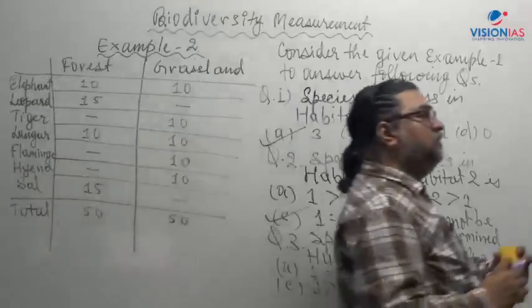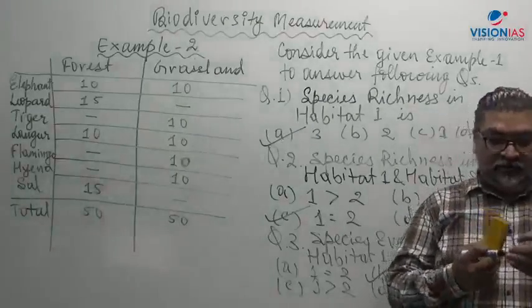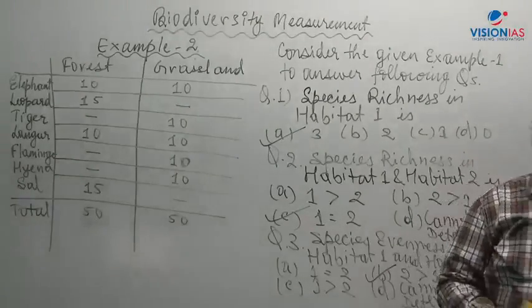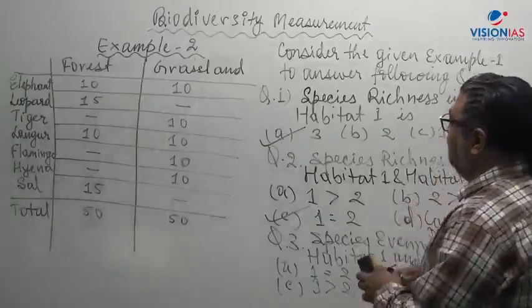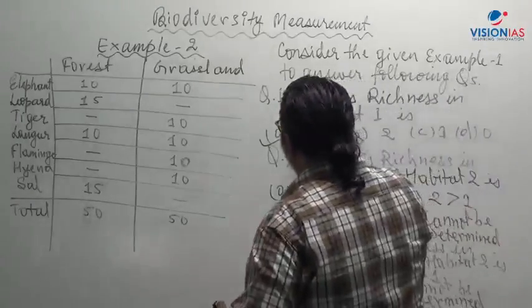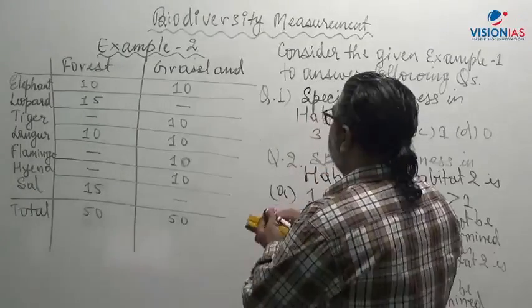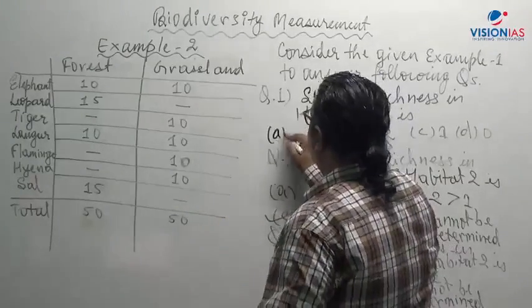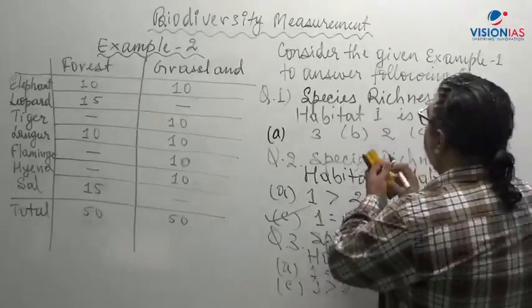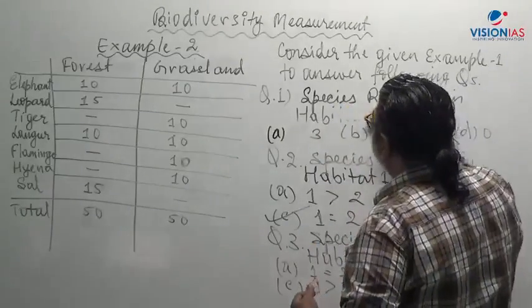All right. Now I'm modifying the question. Now I'm changing the question here. Now my question is that species richness in ecosystem 2 is what?